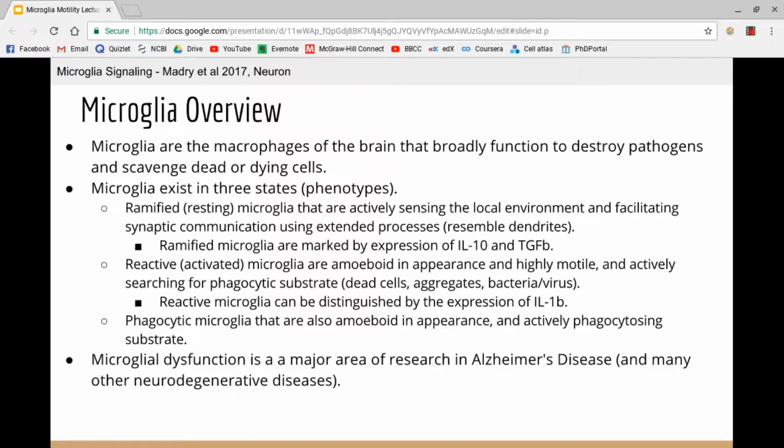And a good reason to be interested in this topic: microglial dysfunction is actually a major area of research in Alzheimer's disease and many other neurodegenerative disorders. Microglia constitute upwards of 10 to 15% of the total cells in the brain. And these same cells have quite the responsibility as we age.